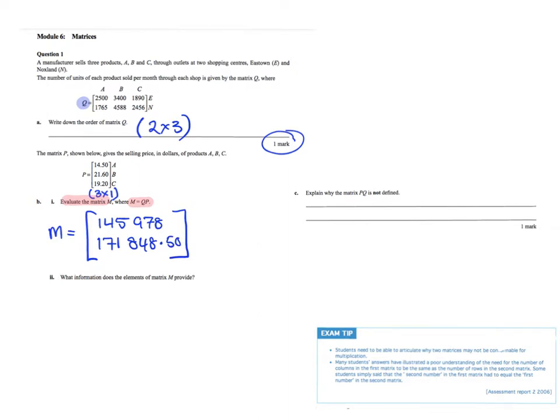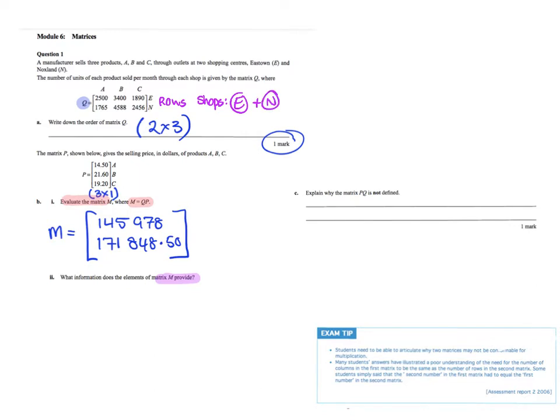So then the next question is, what do the elements of matrix M provide? So what I want you to look up here, up the top, Q's rows are actually the shops, aren't they? The shops, it's East Town and Knoxland, okay?